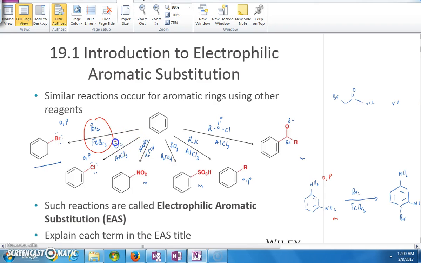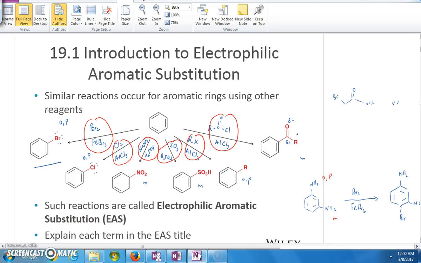For chlorination, use chlorine in aluminum chloride; for nitration, you use nitric acid in sulfuric acid; for sulfonation, you use fuming sulfuric acid; for the Friedel-Crafts alkylation, you use RX, an alkyl halide, and aluminum chloride; or the Friedel-Crafts acylation, you use an acyl chloride with aluminum chloride.